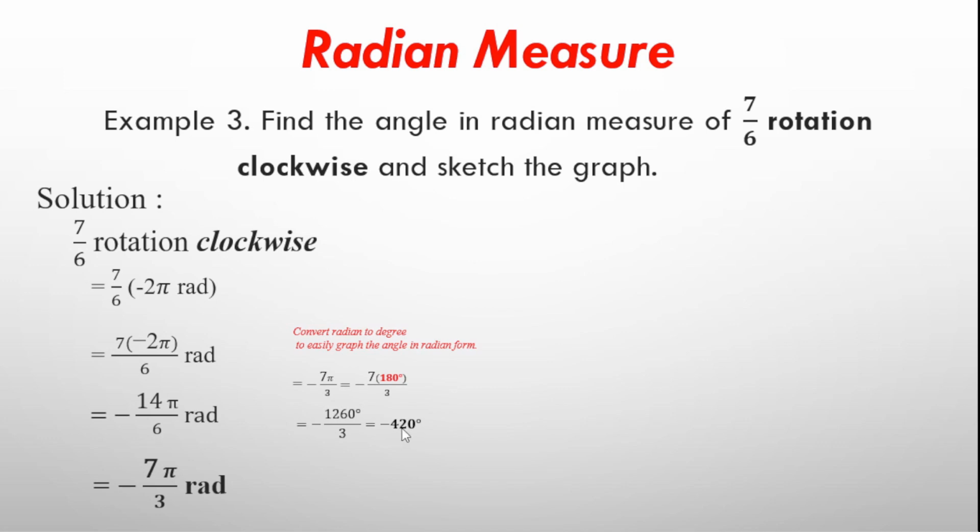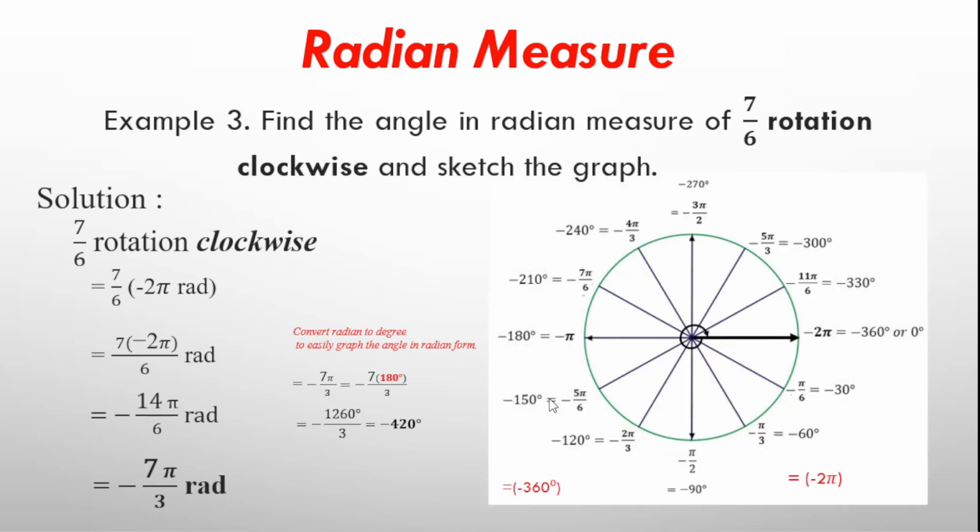And take note that negative 420 degrees is more than one full rotation. So as we sketch now the graph, one full rotation clockwise is negative 2 pi. Then we are going to extend up to negative 60 degrees to make it negative 360 degrees plus negative 60 degrees, equivalent to negative 420 degrees.